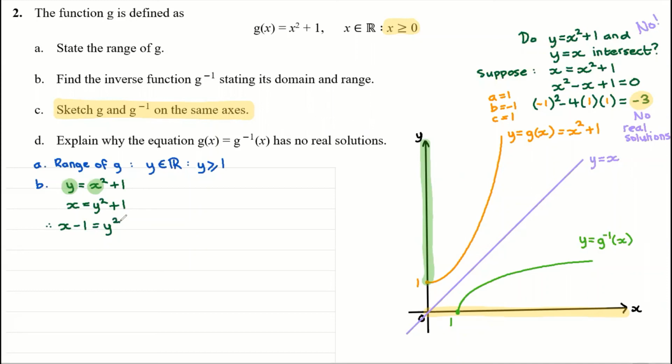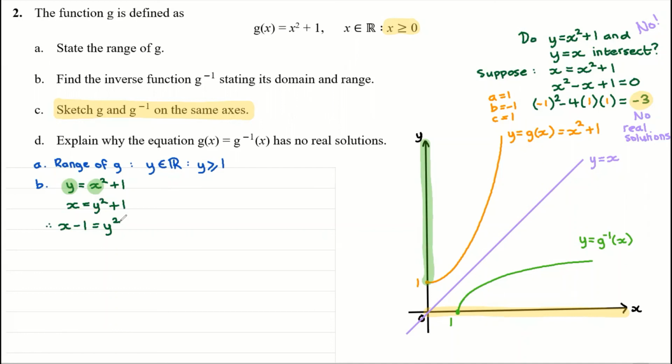And do we take the positive or the negative square root? Well, there should be a clue here. We've got lots of clues on display. You can tell by the graph I've sketched in green, the inverse function, that the range is obviously positive.